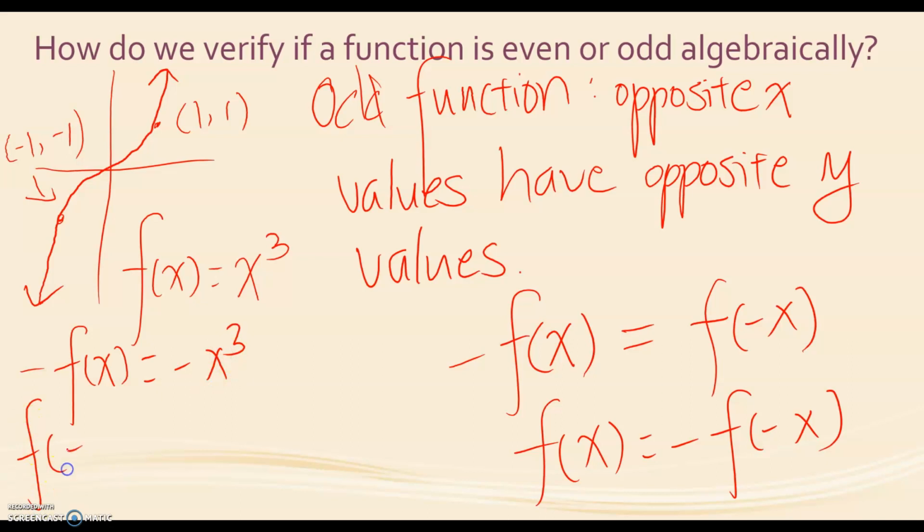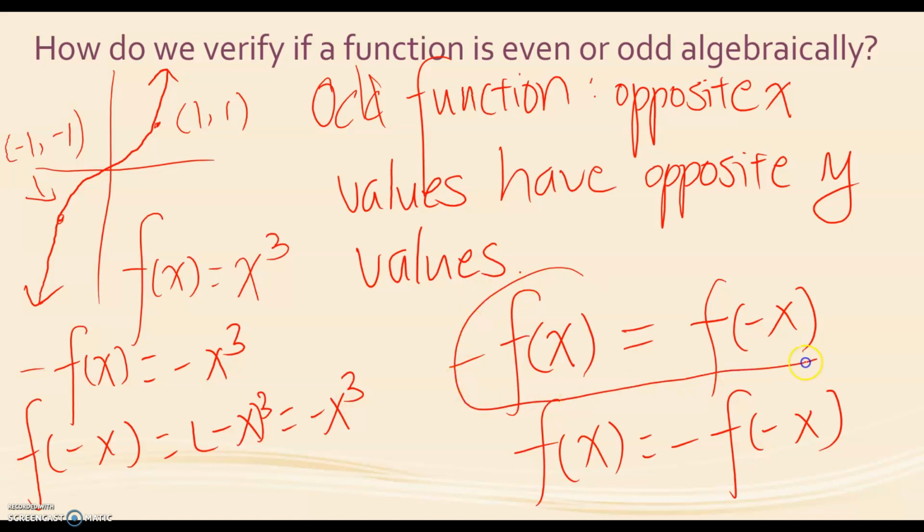And then what is f of negative x? Well, again, do a substitution. So we just discovered that the opposite x values have opposite y values, which means this is an odd function. So this is how you're going to verify. You actually have to prove that.